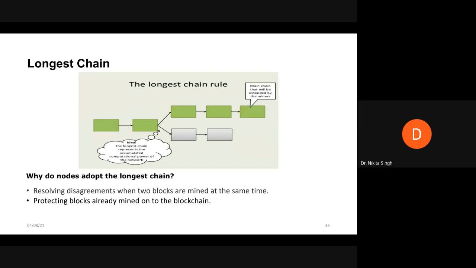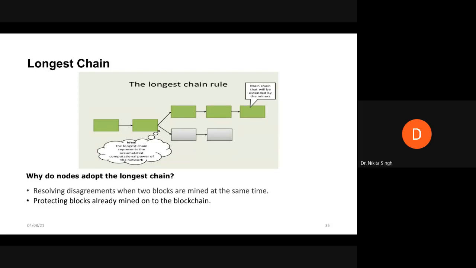So the longest chain actually represents the total amount of computational power that has been spent. Obviously, if miners are spending a lot of computational power, that is, they're spending a lot of time doing the proof of work and adding blocks to the blockchain, then that will signify that a greater number of blocks have been added to that chain.